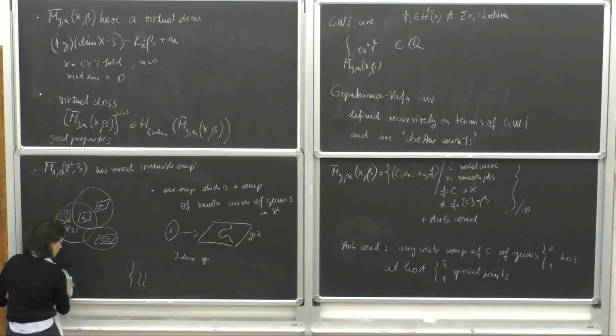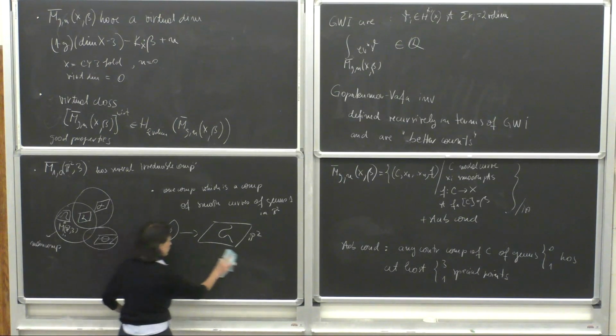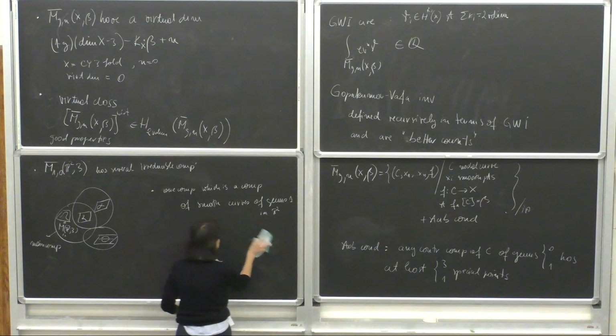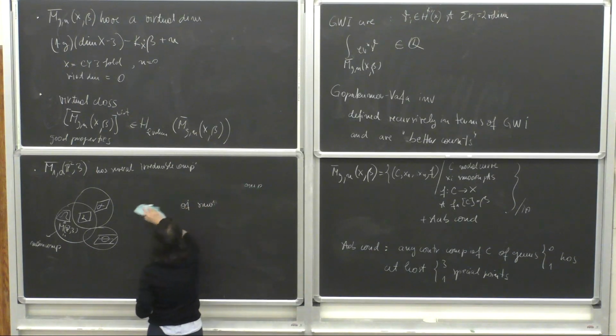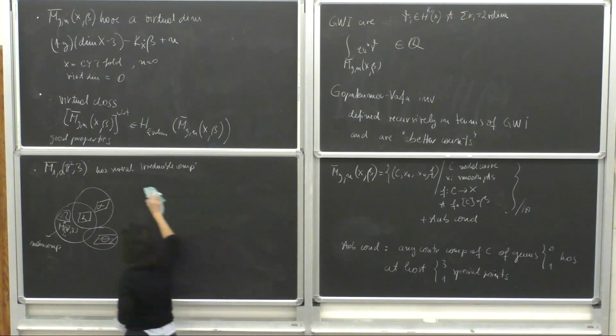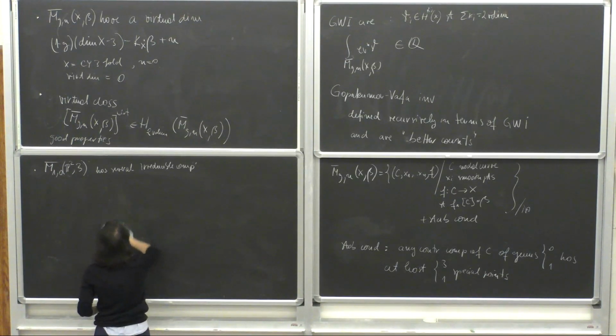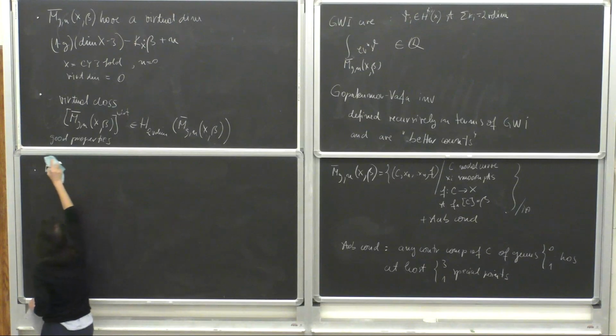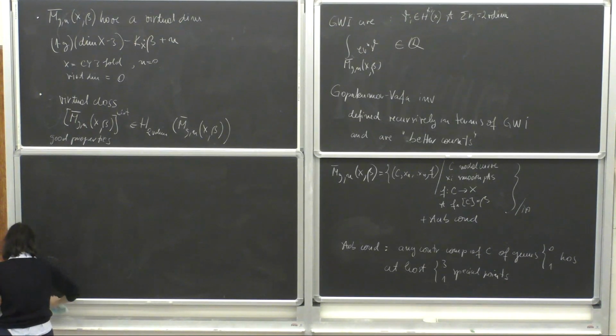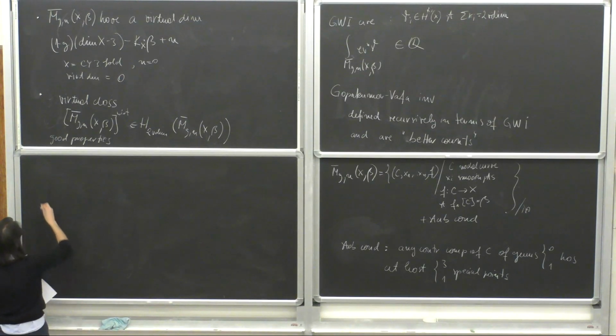It's been a struggle to define these Gopakumar-Vafa invariants like this, with the moduli space. There are some attempts, so maybe mention Maulik and Toda, and previous work by Kim, Lee.